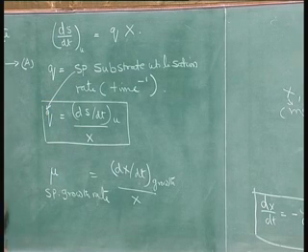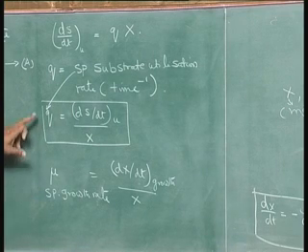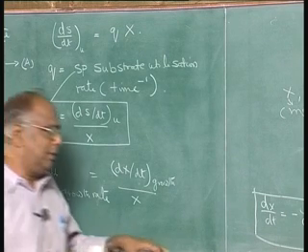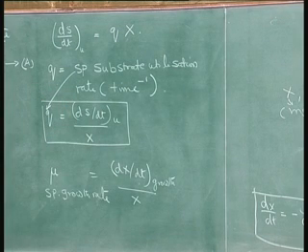Now I would like to know what is the relationship between the specific substrate utilization rate and specific growth rate. Suppose, can you tell me what will be the relationship? The relationship can be easily derived. How can we relate them? We can relate them using the yield coefficient.